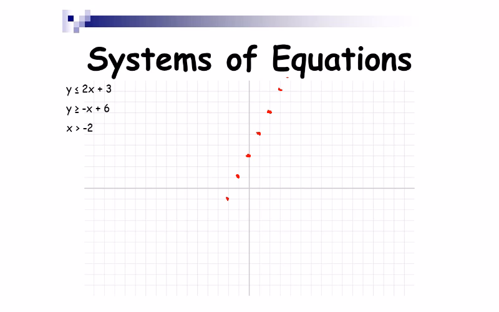Notice I'm making several points again, not just a few, so that I can actually see what this is going to look like. And then I'm going to go to 6, down 1 over 1. Notice that my lines are solid lines because it's an equal to on this.